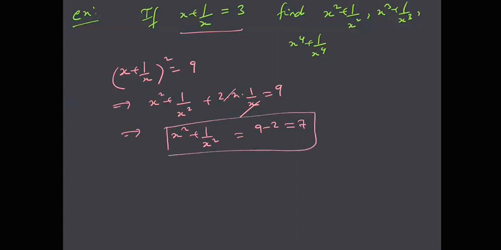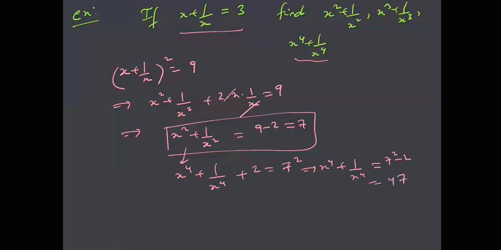Okay. And now to get x power 4 plus 1 by x power 4, I can square this term again. So x power 4 plus 1 by x power 4 plus 2ab. 2ab is nothing but 2. This is 7 square, right? So x power 4 plus 1 by x power 4 is 7 square minus 2, which is 47. Fine.